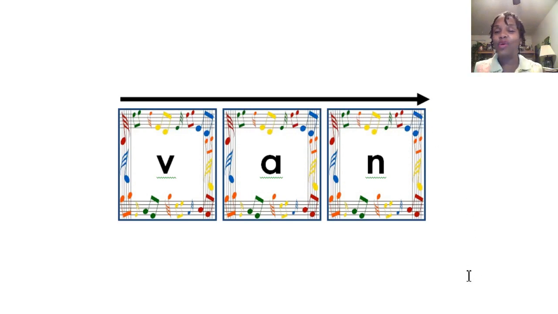Good job. All right. So we're going to put on our superhero capes, right? I'm Wonder Woman. Who are you again? Good job. That's right. All right. So we're going to put on our superhero capes, and we're going to slide these 3 sounds together just like that. Faster than sound. Ready? 1, 2, 3, go. Van. Van. What's a van? Well, I'll tell you, a van can be a car that your mom or your dad drives.